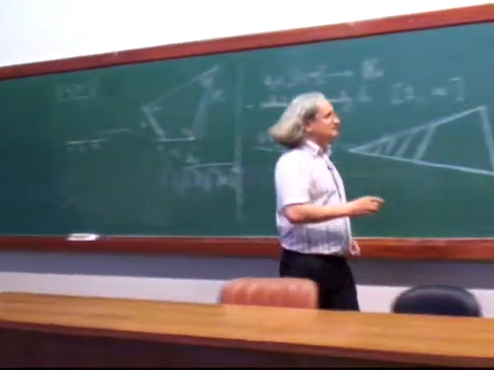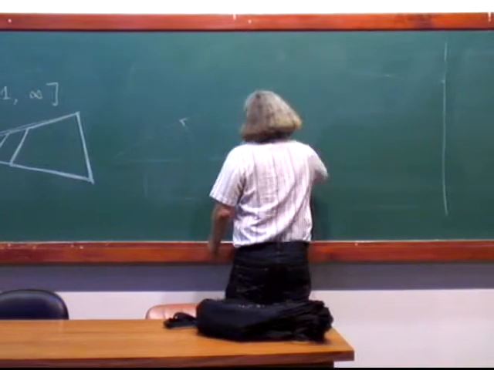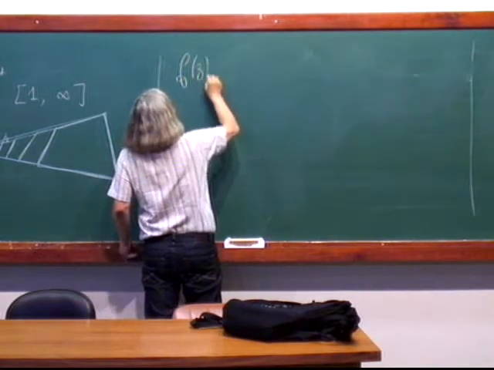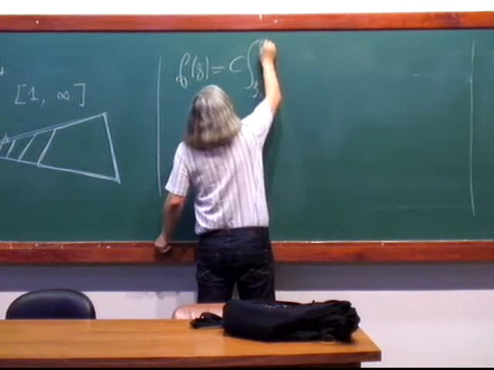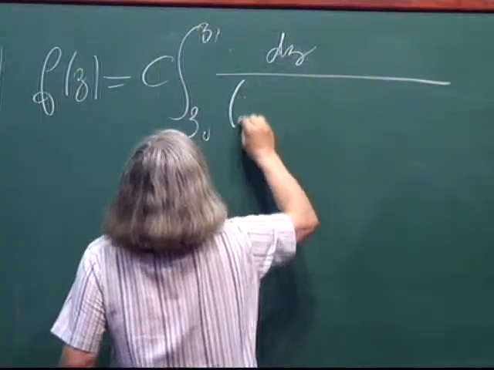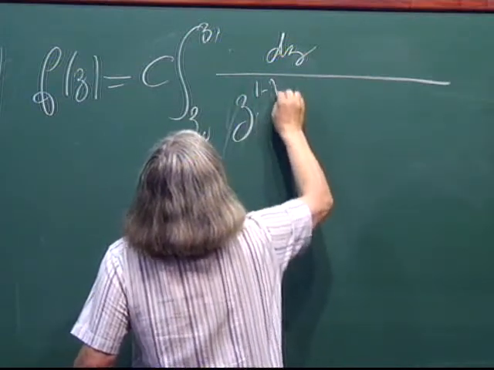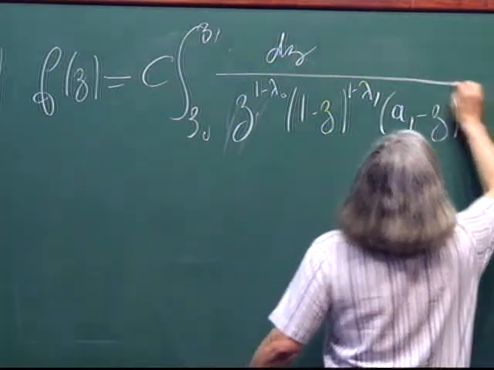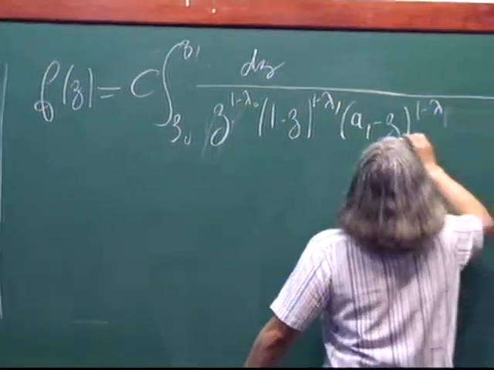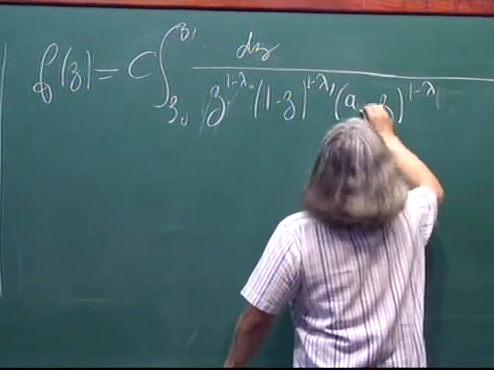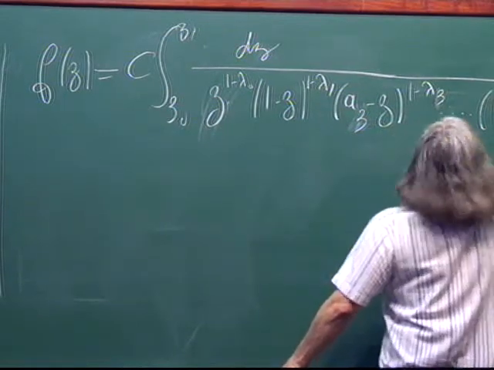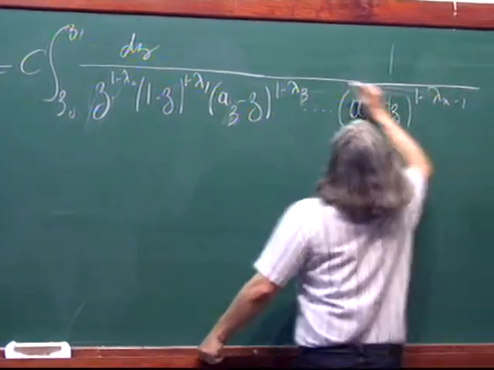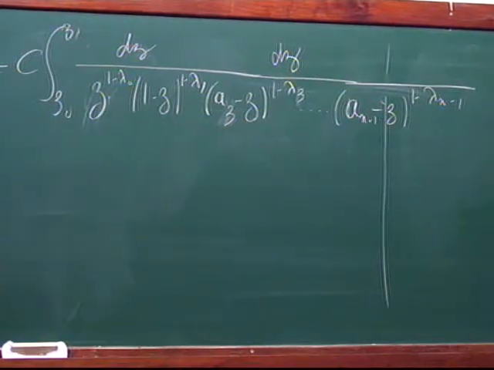Okay, so in general, you look at the Schwarz-Christoffel map with n vertices, a_{n-1}.